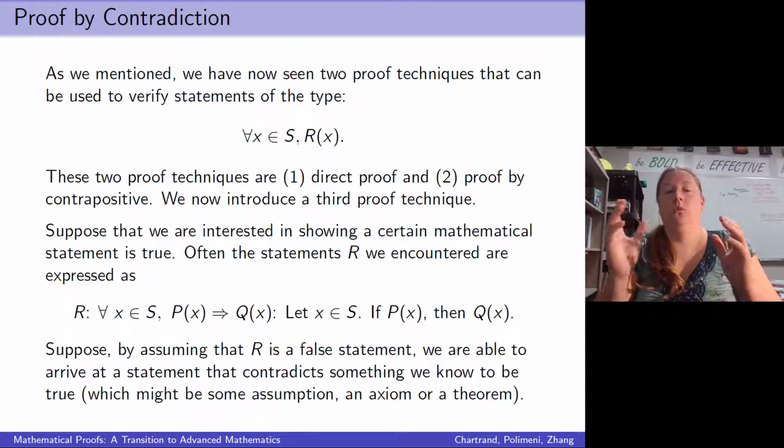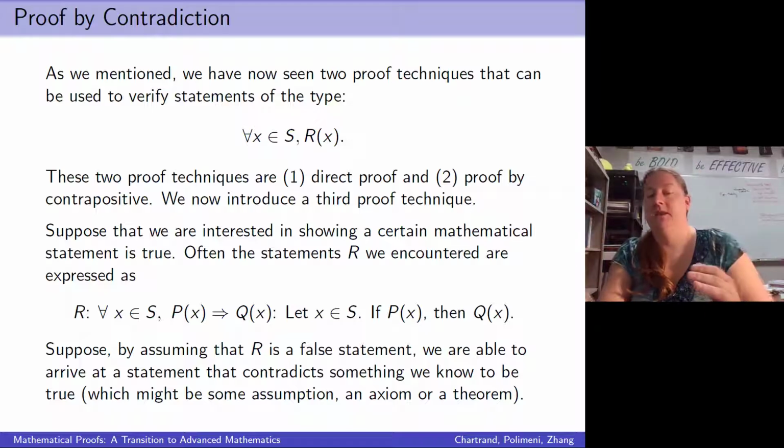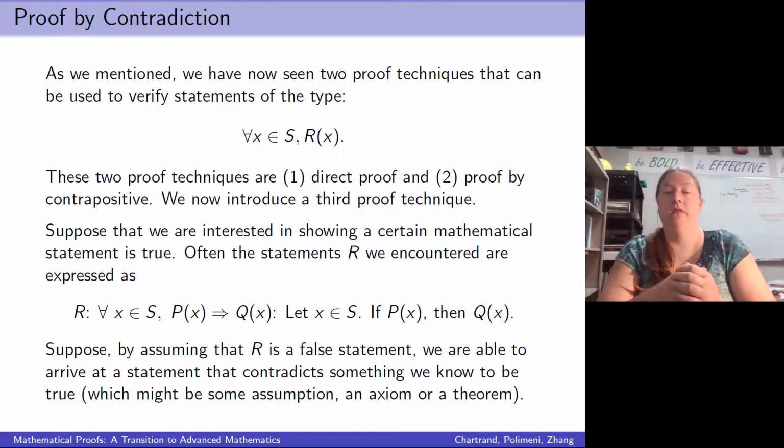So whenever we have some statement R of X that's made, and R of X is usually of the form P of X implies Q of X, over the domain of every element in a set.